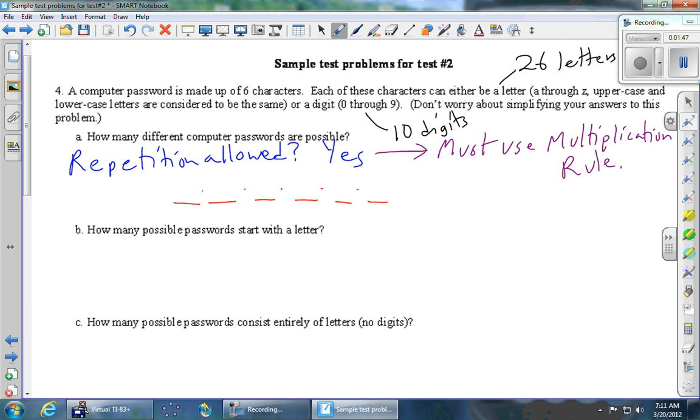And so altogether we have 26 letters plus 10 digits is 36 choices for that first character. Any letter or any digit, there are 36 things to choose from. And all of the characters are equal in this part of the problem, so every one of these is a 36.